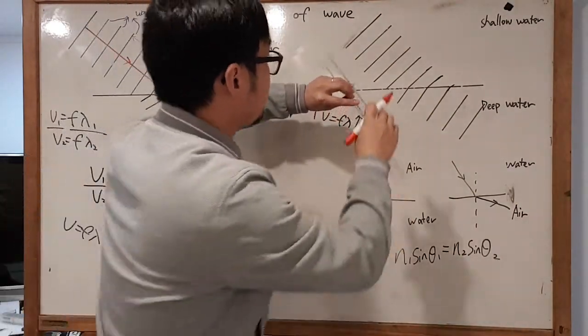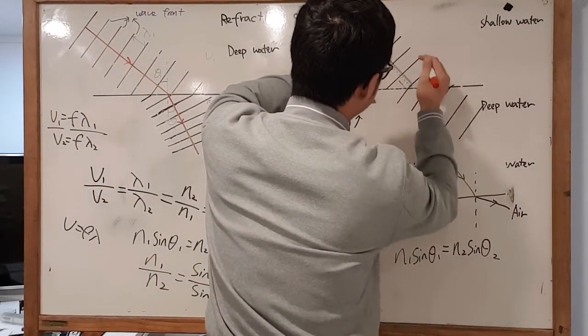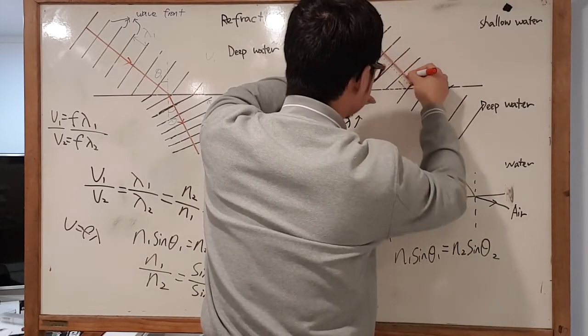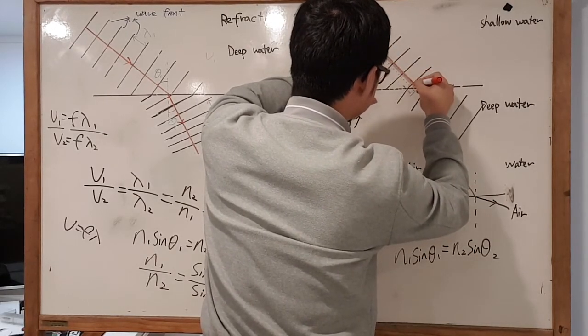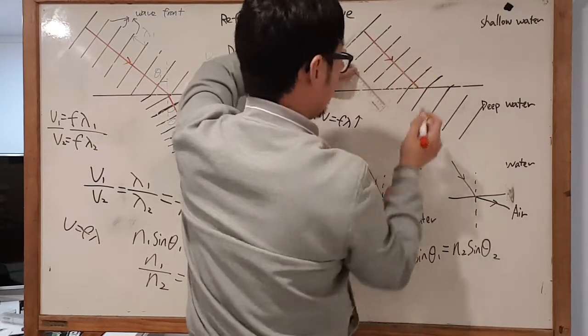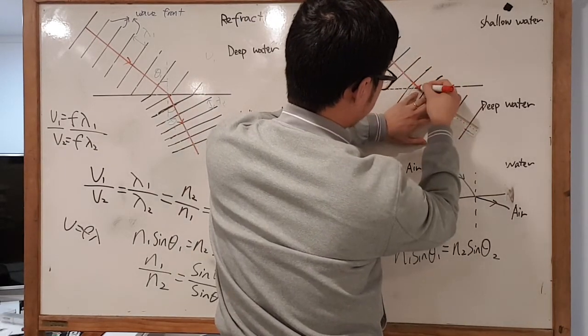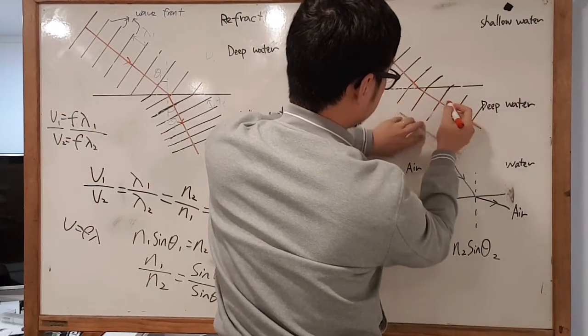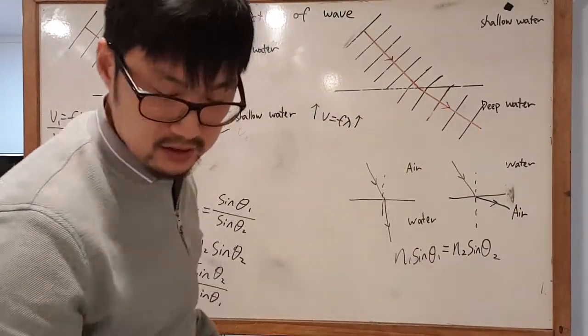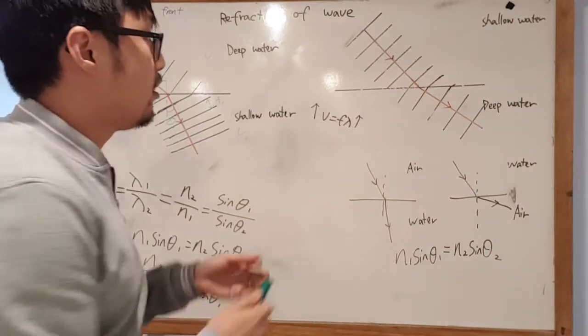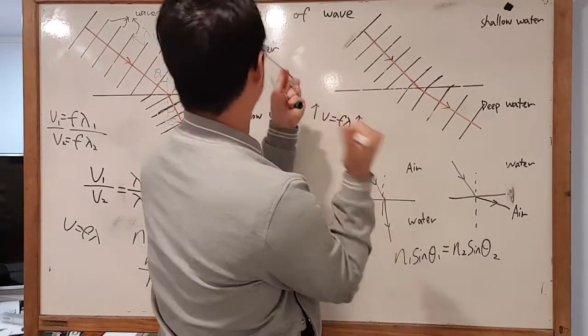So if I draw the direction, again, direction is going to be 90 degrees. It's over here. All right, now it's going to become 90 degrees over here like that. Okay, so the direction of the wave has changed as well.